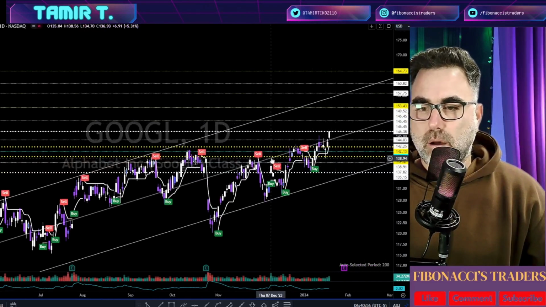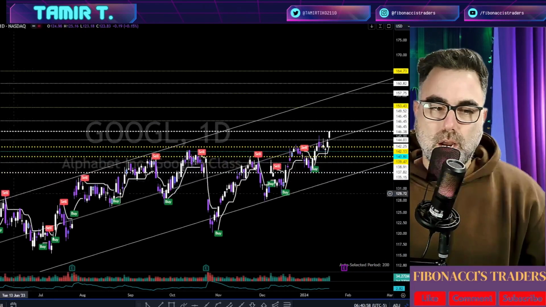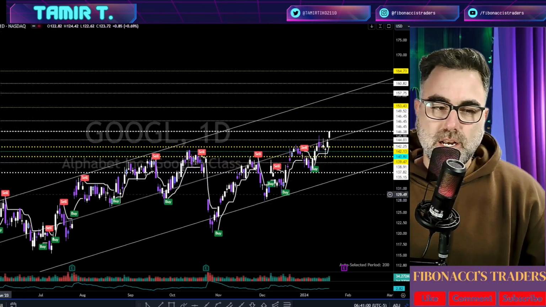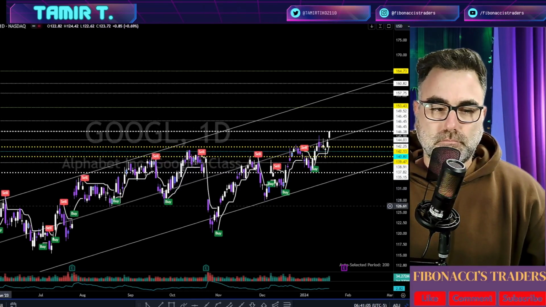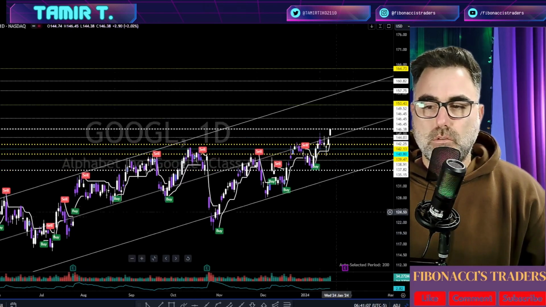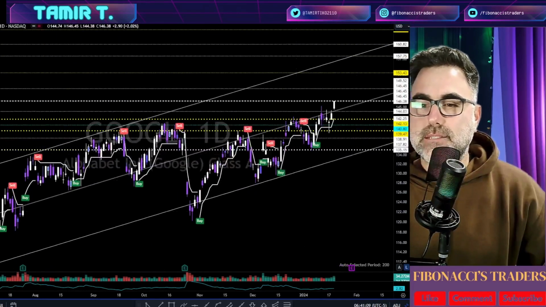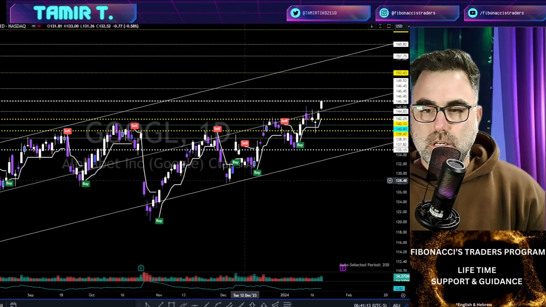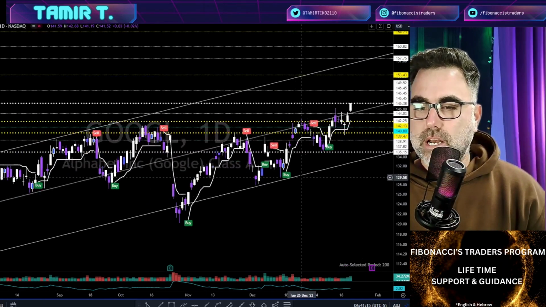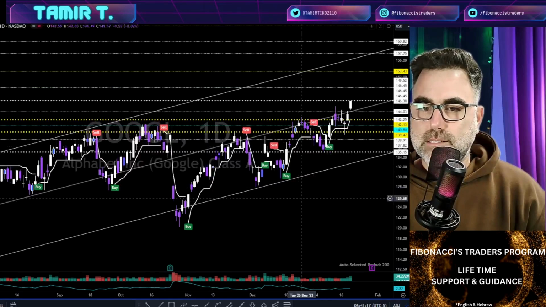Where might price be heading next? As long as we are above this trend line, we are heading next to this upper trend line that was resistance since June. And look at the FTI sell and buy signals. Every time price reached this lower trend line, we got ourselves a buy signal.